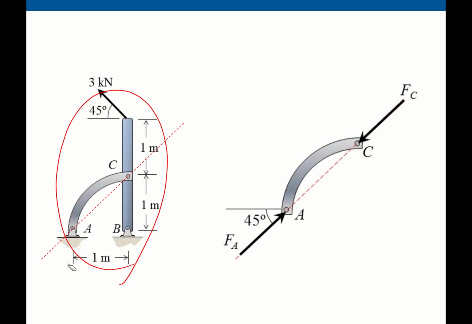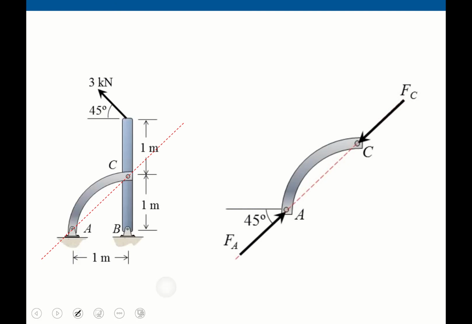That means we know that there are forces AY and AX, and CX, CY, but we can draw the line that passes through point A and C, and we can set the orientation this way, right?